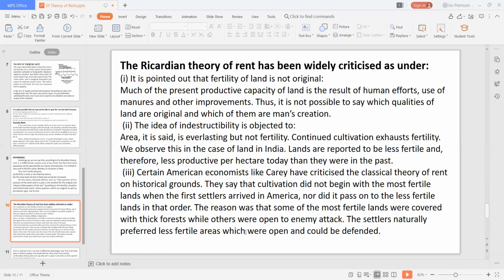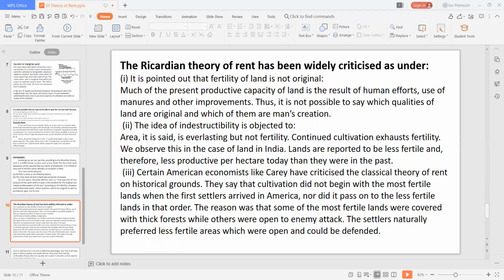So these are the criticisms made against the Ricardian theory of rent. I've mentioned a few. The Ricardian theory of rent has been widely criticized on these grounds. It is pointed out that the fertility of land is not original. We cannot say this is a high quality land and that is a low quality land. It's a man-made one. The second is the idea that only area is everlasting, but not fertility.